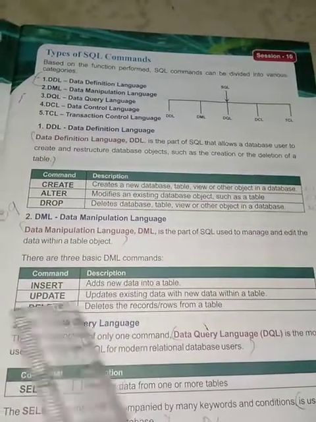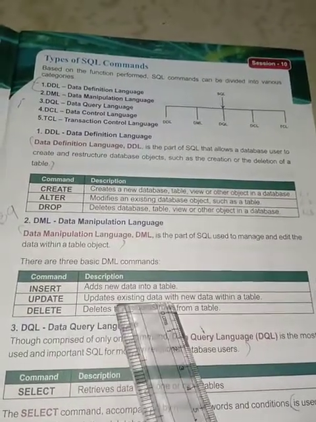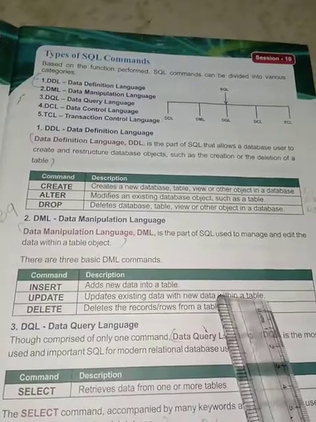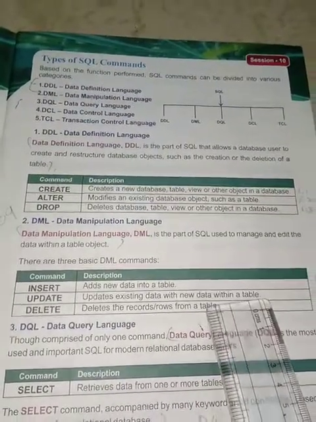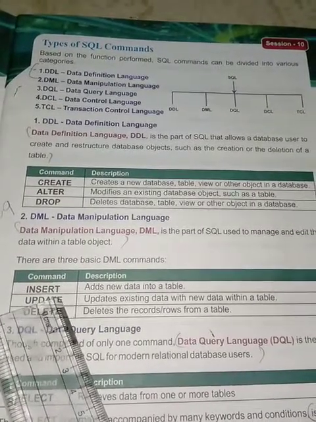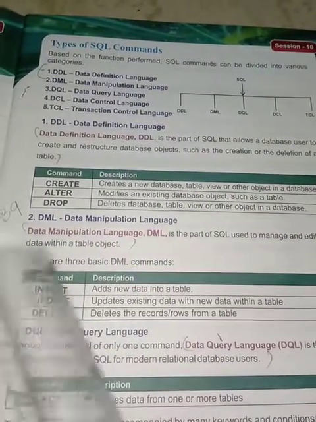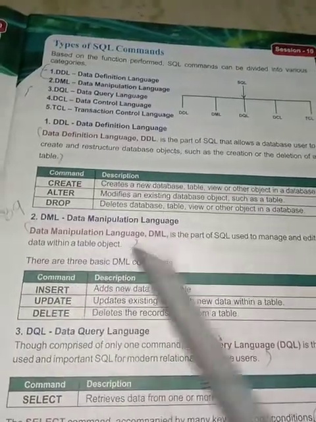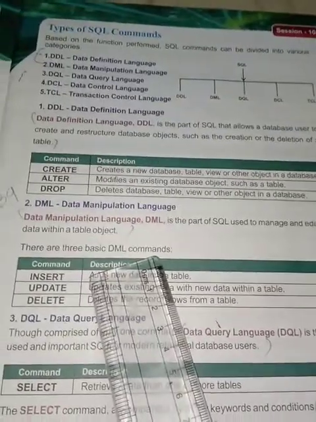Next, update. Update changes existing data with new data within a table. For example, you already have 20 students in your 10th class.